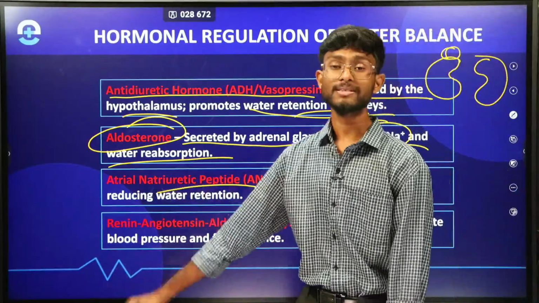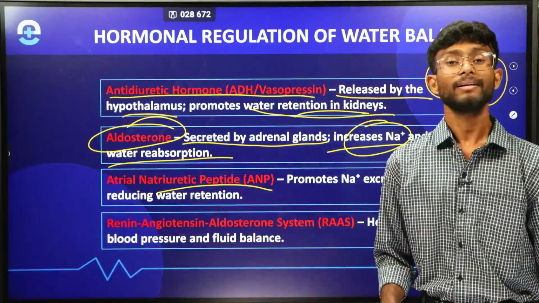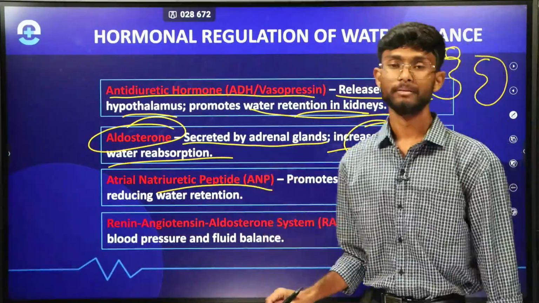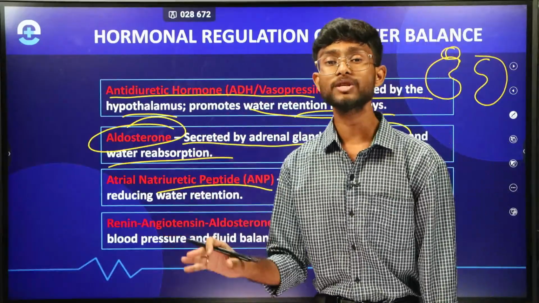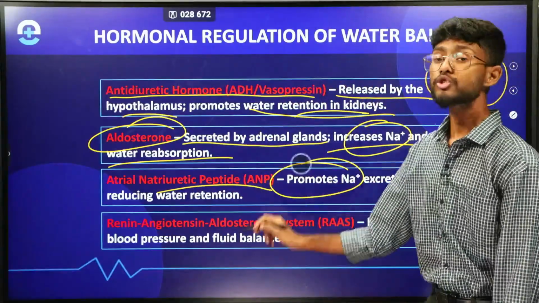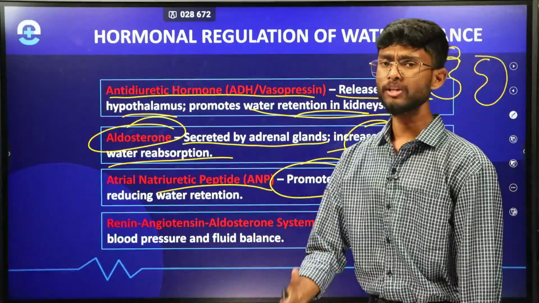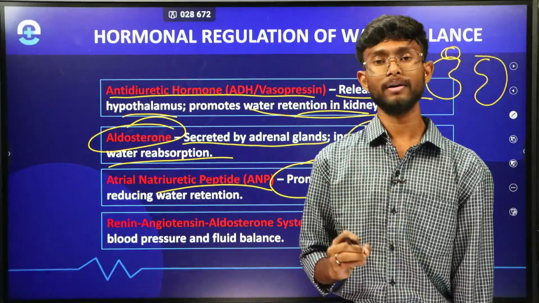And next is ANP, that is atrial natriuretic peptide, which is a very important hormone that promotes sodium excretion. If the sodium accumulates in the kidney, that also leads to various disorders.